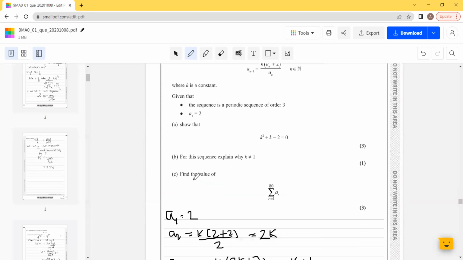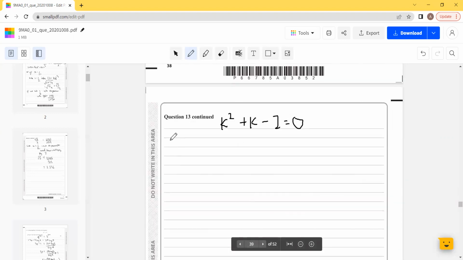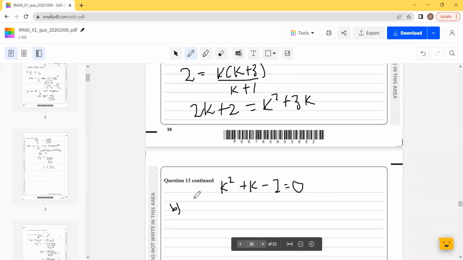For the sequence, explain why k cannot be equal to 1. Okay, so we obviously have to think about what happens when k is equal to 1. If k is equal to 1, then a1 is 2.